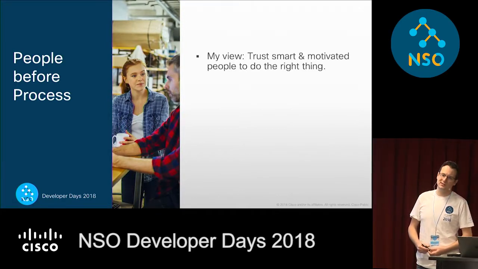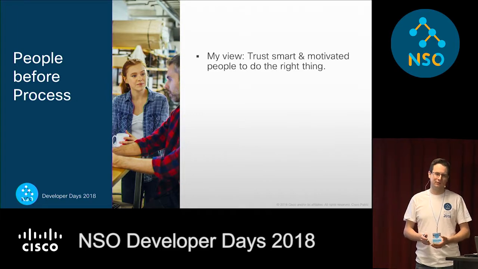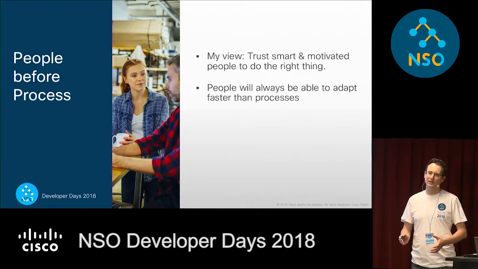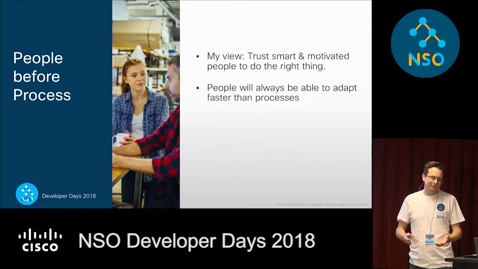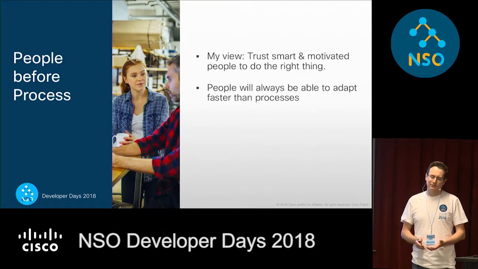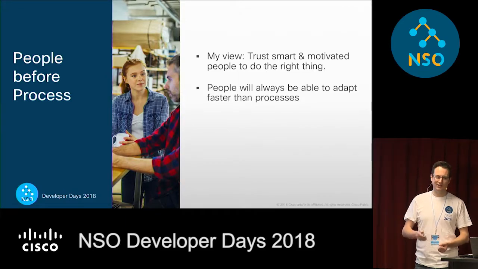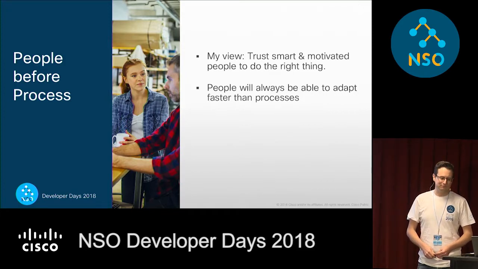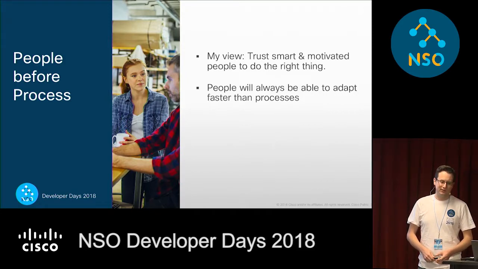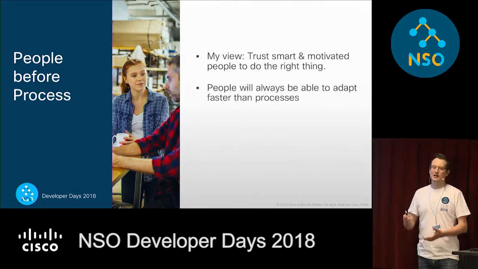People will always be faster to adapt than processes, right? If we define a process, we'll train people on it, they'll start following it. But if you find that doesn't work, then what do you do? Do you have to raise an exception to the process? Do I have to get someone to sign off on me not doing this? But it's not just as simple as that, right? You need to have the right mission.